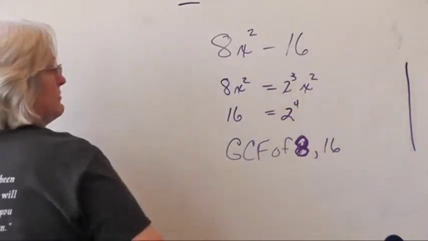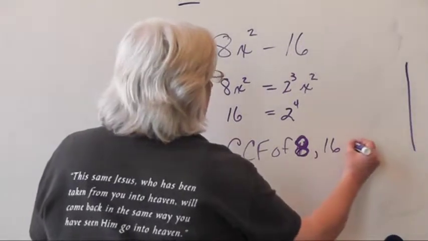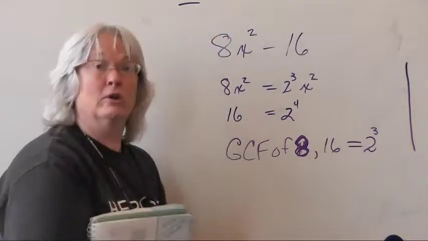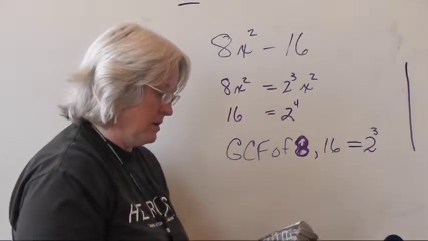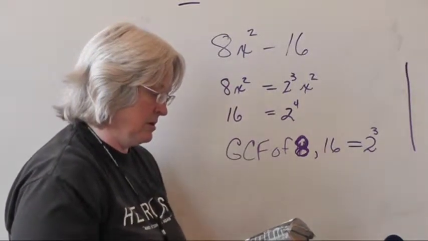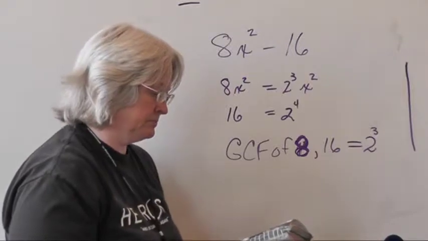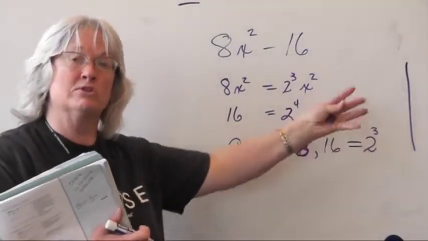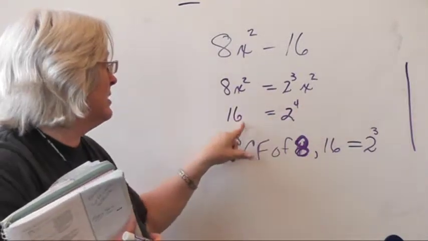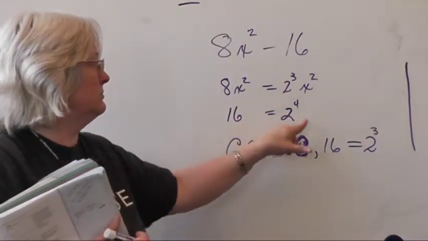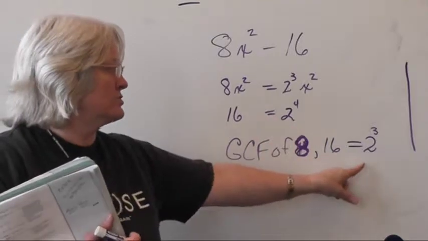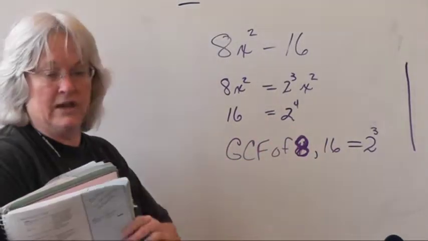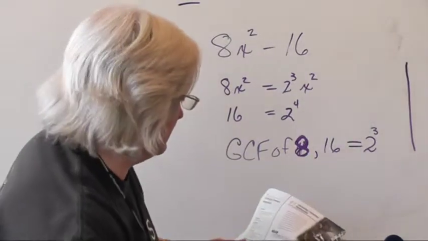So the greatest common factor of 8 and 16 is 2 cubed. Then you also have this factor of x squared here, but there's no common factor involved because with 16, you don't have any x's. So your greatest common factor is 2 cubed, which is 8. Now let's see what we're going to do.